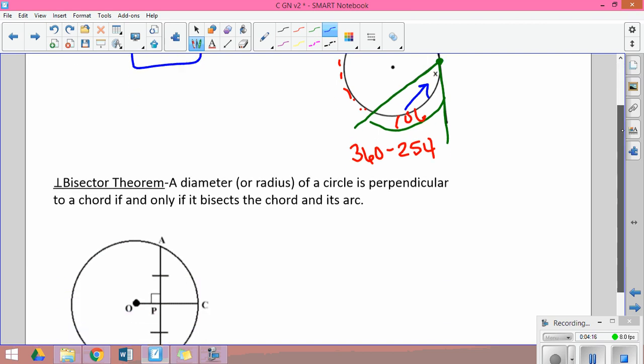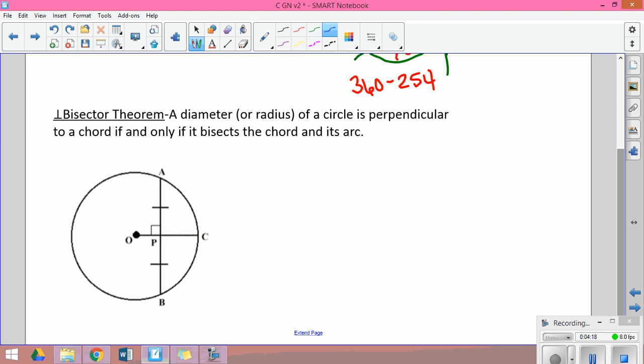Now this next theorem should seem familiar because it is very much like the perpendicular bisector theorem that we had in lines and triangles. If you remember, one of the things that was also true in the perpendicular bisector theorem was that these guide wires, OA and OB, were equal, and in fact those are both the radius of that circle, so they are equal.